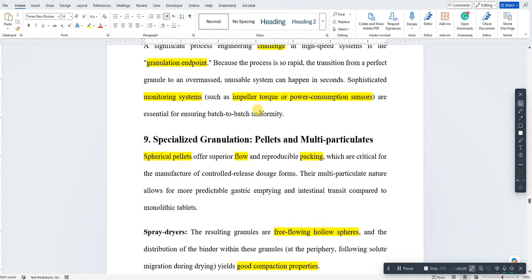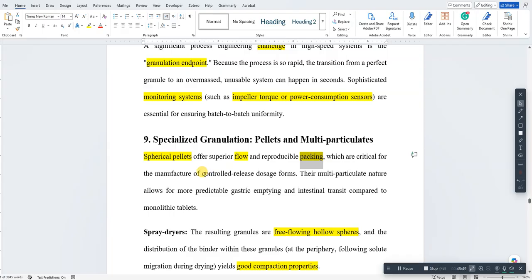We have specialized types of granules, spherical granules or pellets. This is especially important when we are filling capsules. If you look at many of the capsule products, you will see that they are filled with spherical pellets. They have the advantage of excellent flowability compared to conventional granules, and reproducible packing, which means that you will always be putting the same amount inside the capsules.